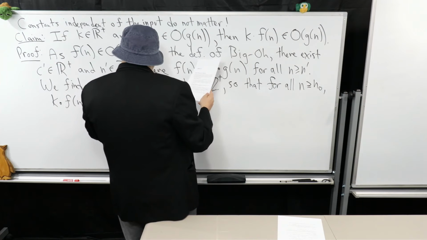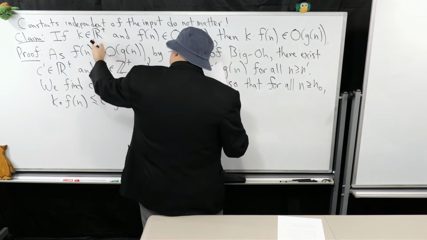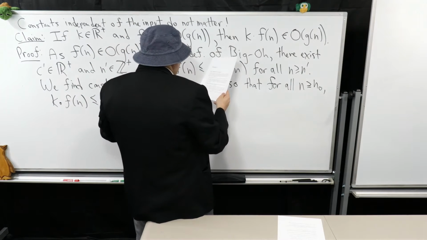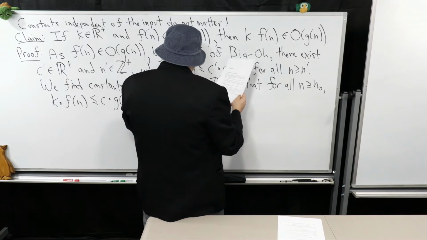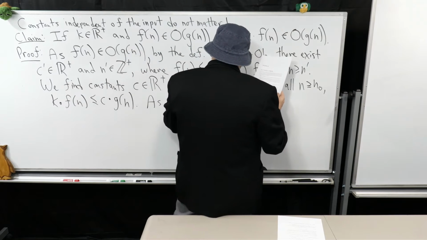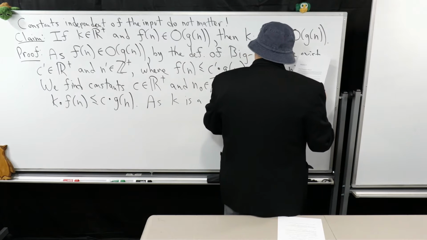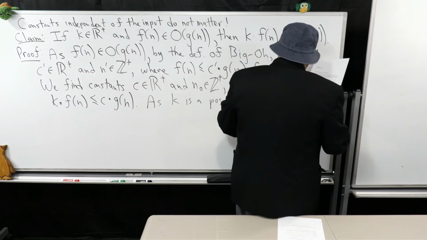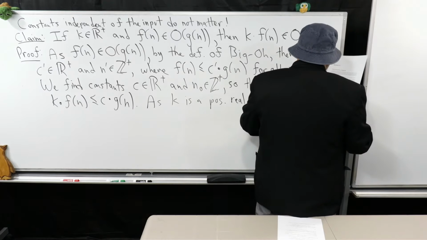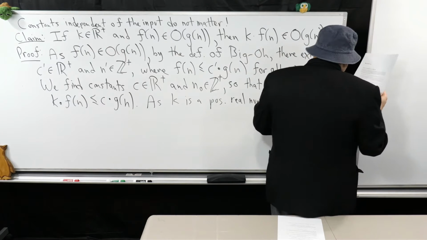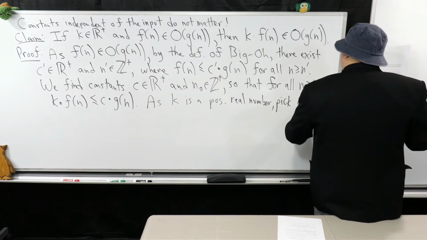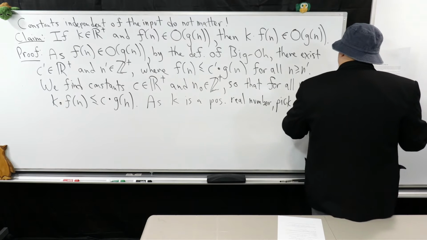So, now this is where I'm going to use this fact. Watch this. As k is a positive real number, pick c equal to k times c prime.